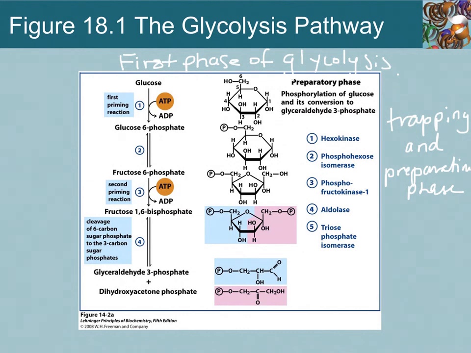We're going to begin with the conversion of glucose into glucose 6-phosphate. Then we're going to take the glucose 6-phosphate, make fructose 6-phosphate, and finally fructose 1,6-bisphosphate. This 6-carbon fragment is going to be cleaved into 2 3-carbon fragments.